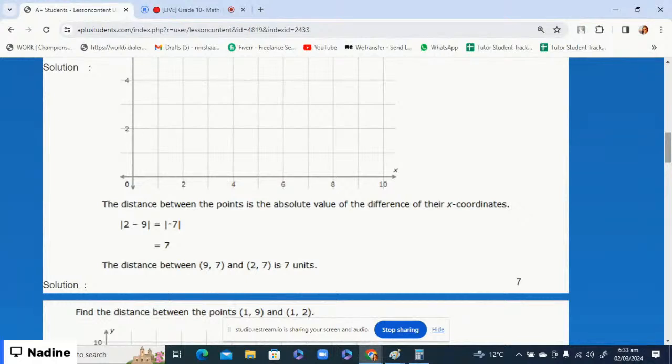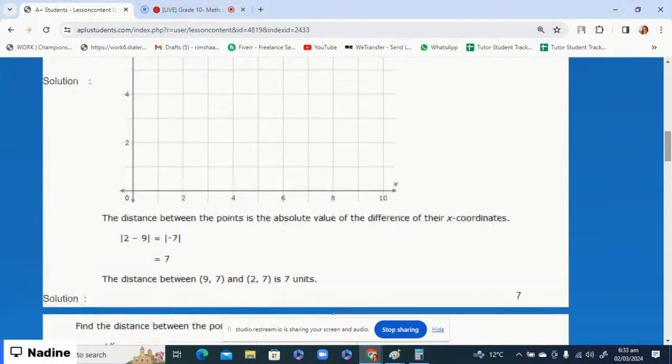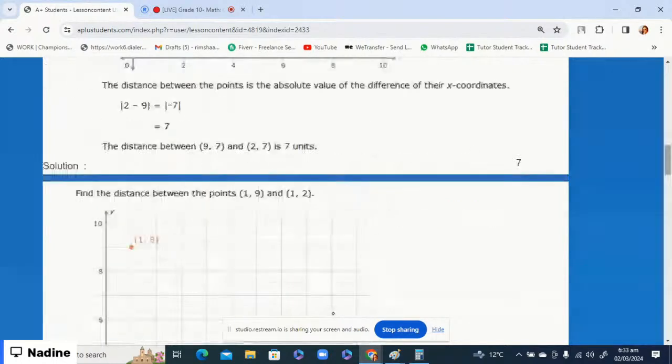Got it? To find the distance between the 2 points, take the absolute value of the x coordinates. What are the x coordinates here? Look at the first part.